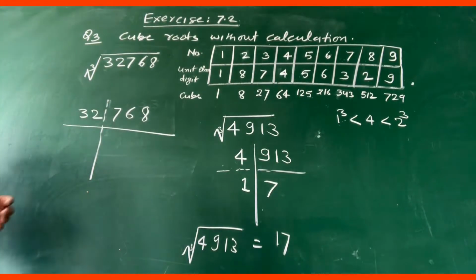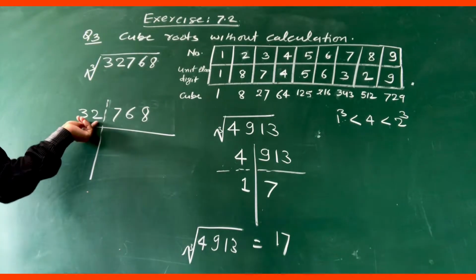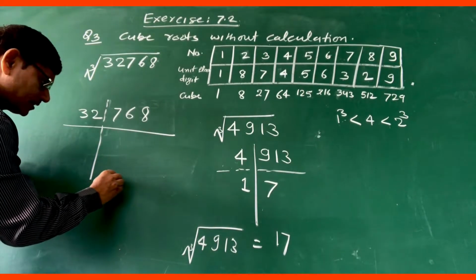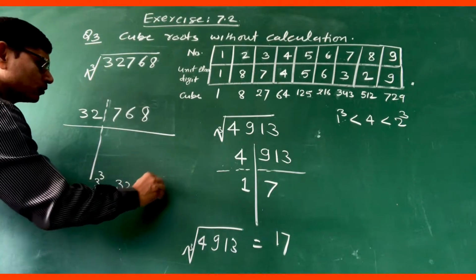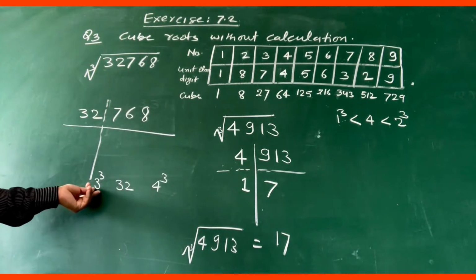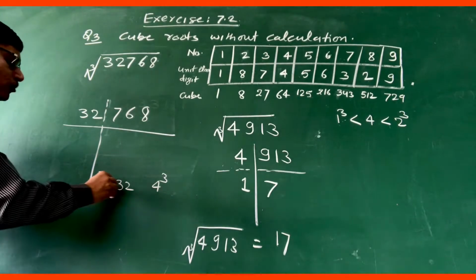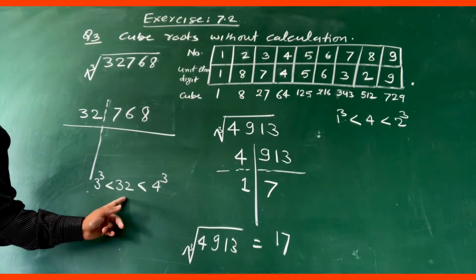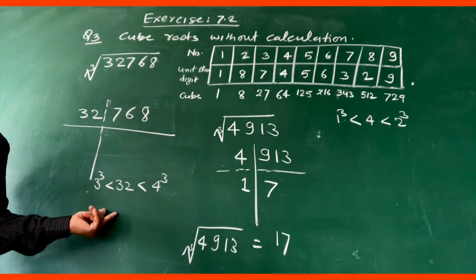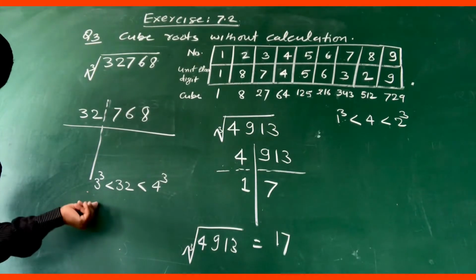So dear, you can see that 32 lies between the cube of 3 and the cube of 4, because cube of 3 is 27 and cube of 4 is 64. 64 is too large compared to 32. You will take only the smaller number. So what? 3.